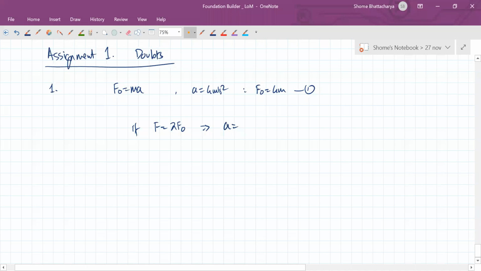It will become, let's say, A2. So A2 will become F2 divided by the same mass. So here you can see that a is equal to F naught divided by m. So this will become 2 times F naught by m, and this is equal to 4 meters per second square. So this will become 8 meters per second square. Okay. So that is the first part.